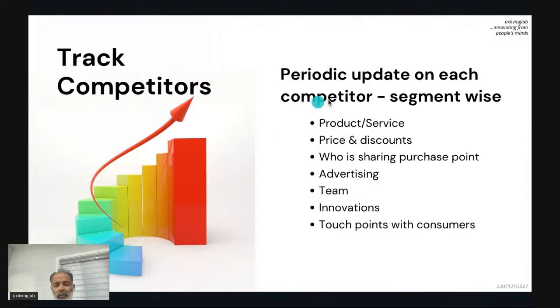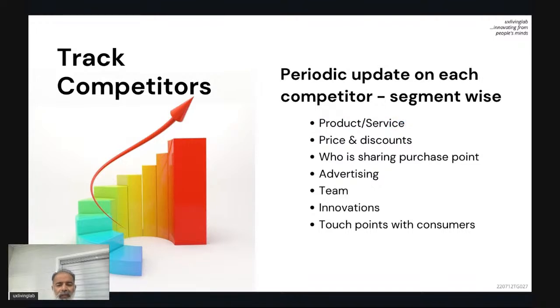Tracking competitors is you have to periodically update on each competitor segment, because you already finalized the segments, then you already selected different brands which in some way compete with you according to your concept. Then periodic updates you require. What are the things you have to update on a brand? What are the products they have?